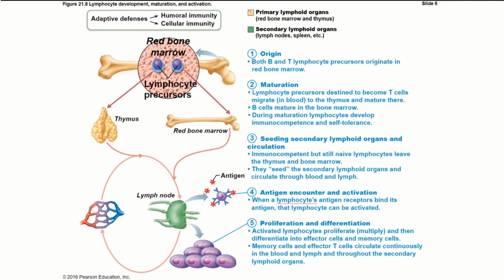So when they encounter a new pathogen antigen, that's when they'll become activated and learn how to make the antibodies needed to fight off that infection. And proliferation and differentiation, that final stage, is just multiplying or going through mitosis over and over again until they have enough antibodies to completely overwhelm the pathogen.